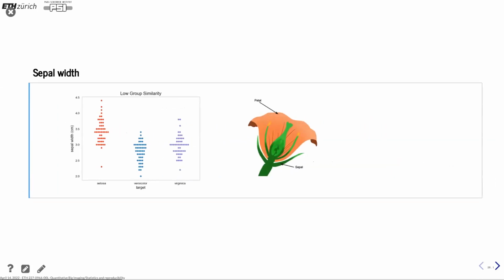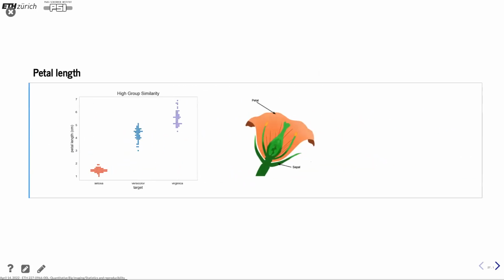And here is an example with a sepal width. And sepals, they are these green leaves covering the flower bud. They look like they are pretty much the same size in all these species. And of course, then they are overlapping also in the histograms. And that would be an example of low group similarity.